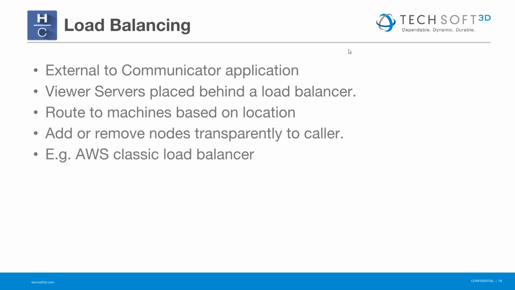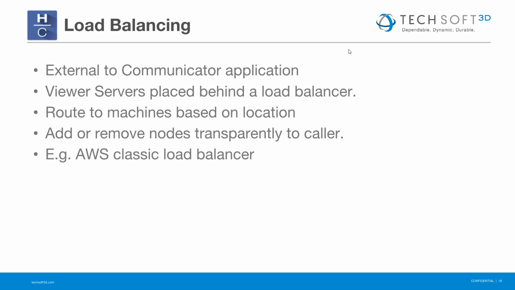So I do want to talk a little bit about load balancing. So much like the proxy, load balancing is external to the Hoops Communicator application. The viewer servers are placed behind the load balancer, and it's going to handle distributing connection requests to each viewing server.